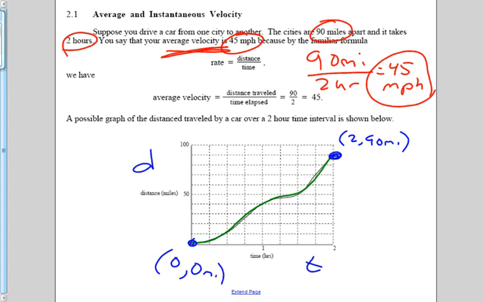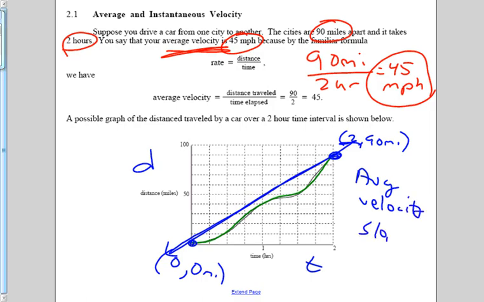And so when I'm talking about what is my average velocity, well, it's really just the average velocity is the slope of the secant line.